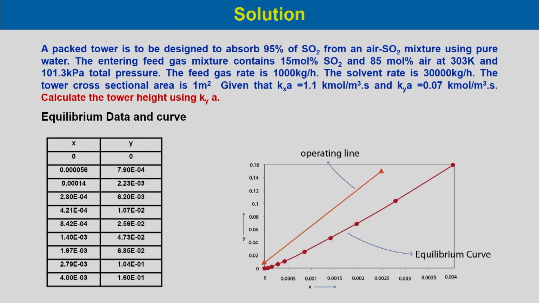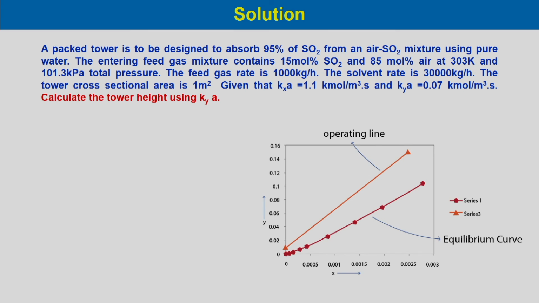Now we have the equilibrium data, so we can plot the equilibrium line. With the data we have obtained, that is x1 and y1, and x2 and y2, we can plot the operating line. We know all the points and can just join the terminal points, so then we can obtain the operating line curve.